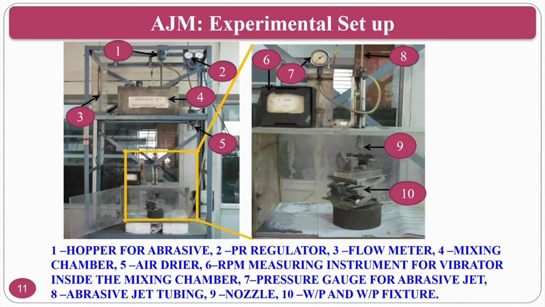Numbered 1 to 10, it shows the hopper for the abrasive, pressure regulator, flow meter, mixing and other things. Here you see the workpiece and the abrasive jet machining region, where the high pressure abrasive mixture is coming and impinging on your workpiece surface, so that the machining takes place, the crater forms, and material removal takes place.